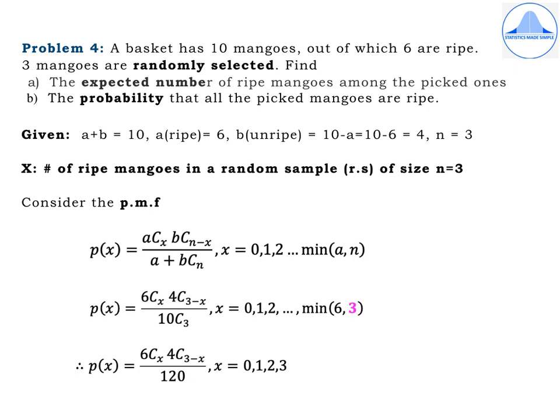So the final PMF is P of x equal to 6 C x times 4 C 3 minus x divided by 120, for x taking the value 0, 1, 2 and 3.